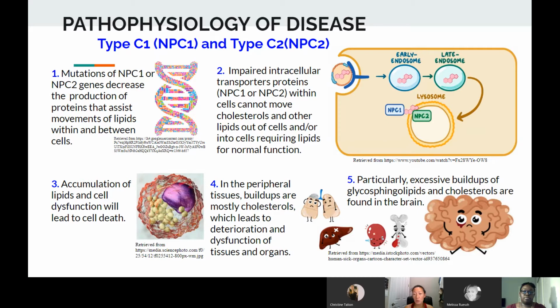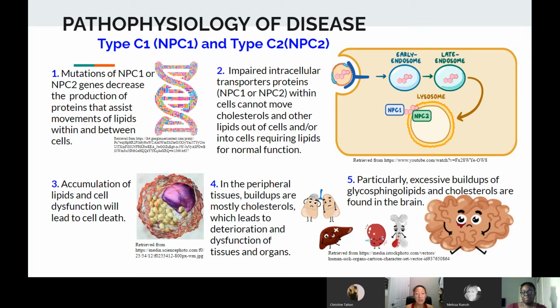You'll see the lysosome in a cell, and you'll see the NPC2 within the lysosome and NPC1 outside of the lysosome, and they're trying to transport a lipid.